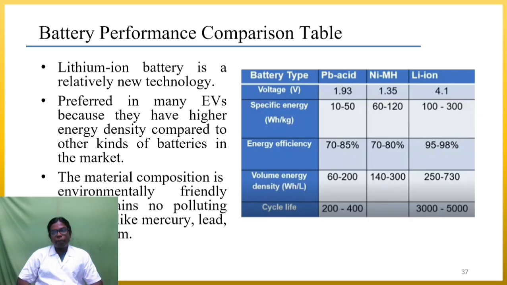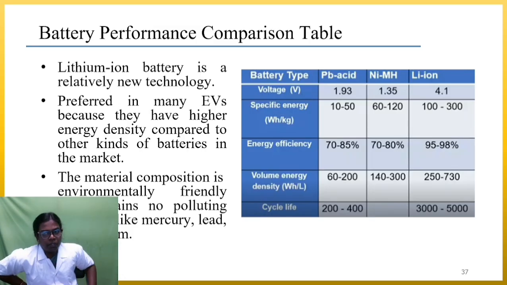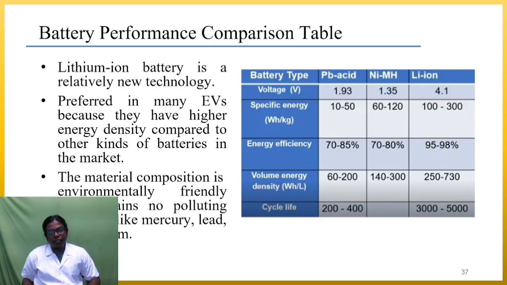Battery performance: the lead acid battery, nickel metal hydride and lithium ion battery. The comparison is here. The single cell voltage is 1.39 in lead acid, 1.35 in nickel metal hydride, and lithium ion is up to 4.1, so it is better than the others. Specific energy: 10 to 50 watt hour per kilogram, 60 to 120 watt hour per kilogram, and lithium ion 100 to 300 watt hour per kilogram.